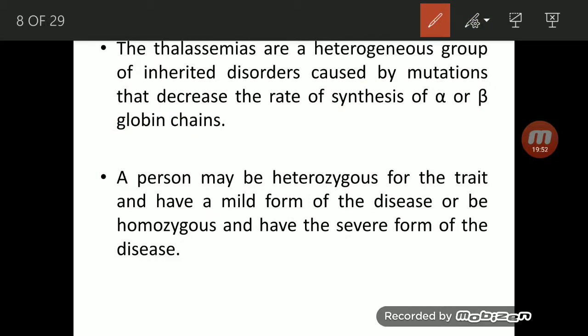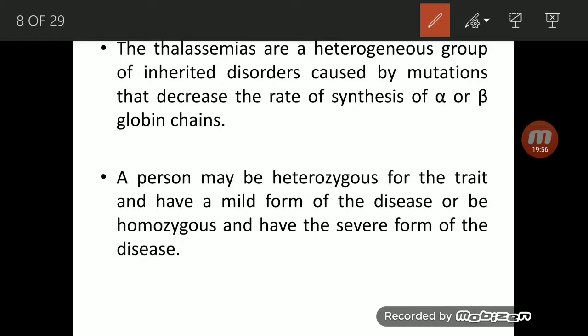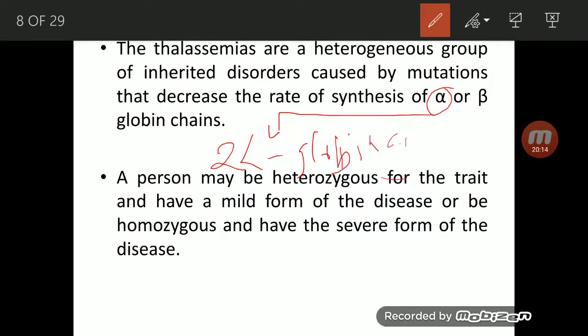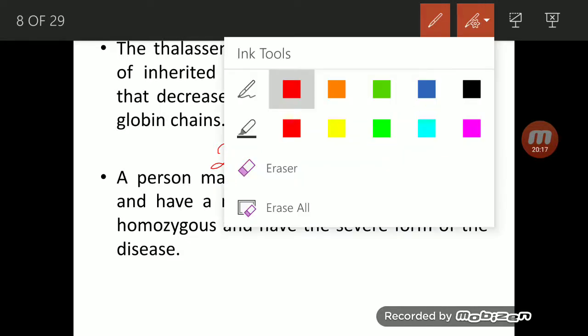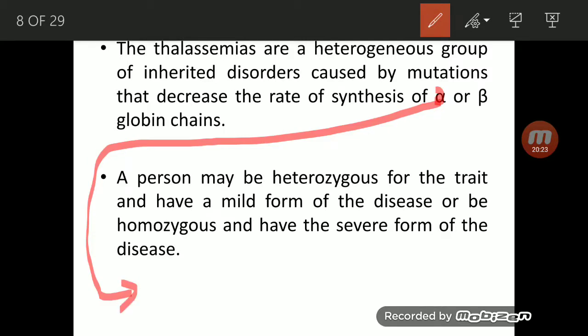Whenever we talk about your alpha and beta globin chain, the alpha chain is generally encoded by 2 alpha globin genes, which are present in chromosome 11.